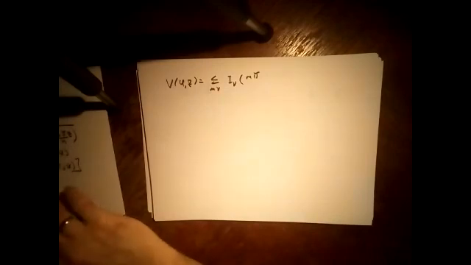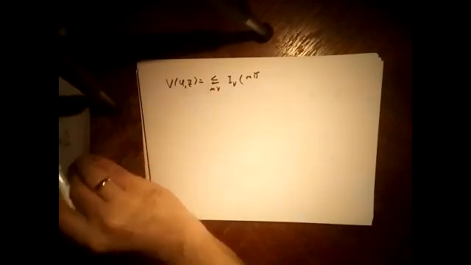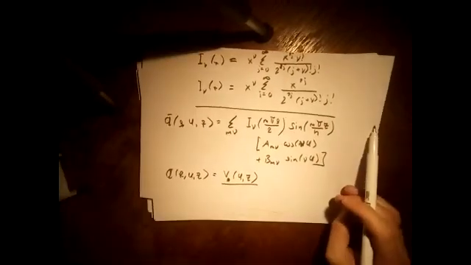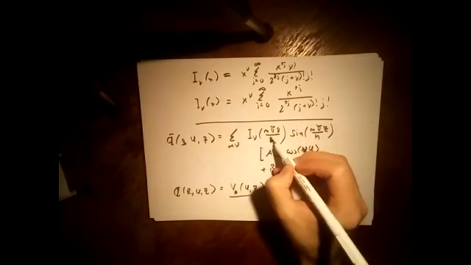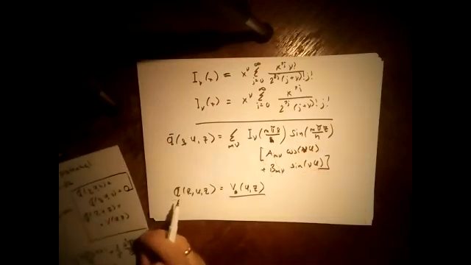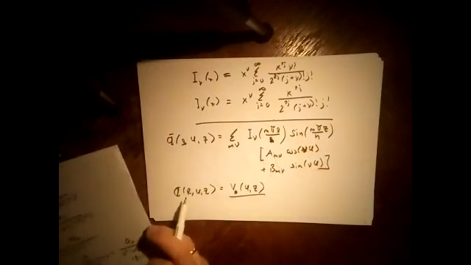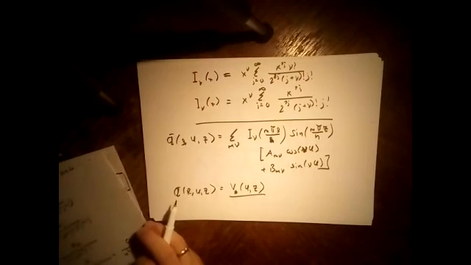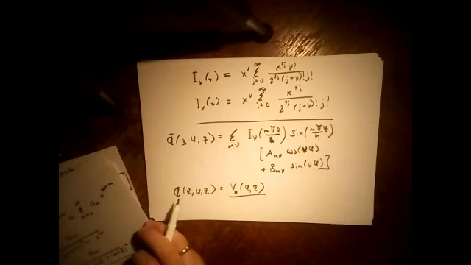Actually, sorry, I made a mistake, because this should have been an m pi over h, not an m pi over r. Remember that the kappa was actually m pi over h.